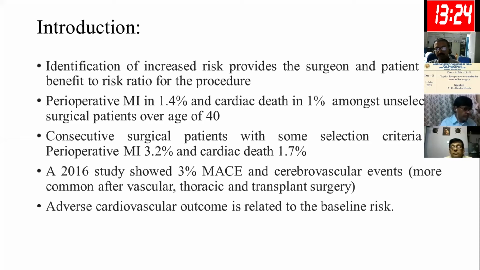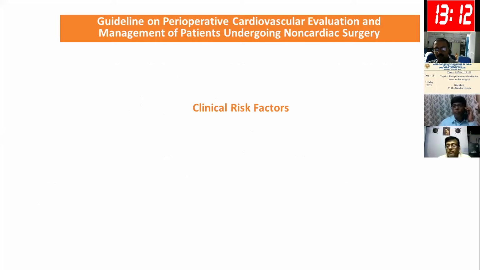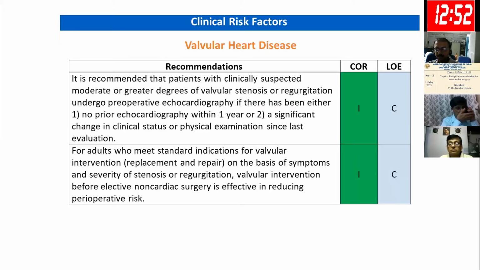And for that reason, we also have to look for whether the patient has adverse cardiological outcomes related to the baseline risk. After we have been called for assessment of the risk factors, we have to take a good clinical history, and that includes the common cardinal symptoms of cardiac disease: whether the patient has a history of dyspnea, orthopnea or PND, palpitations or syncope, or any angina.